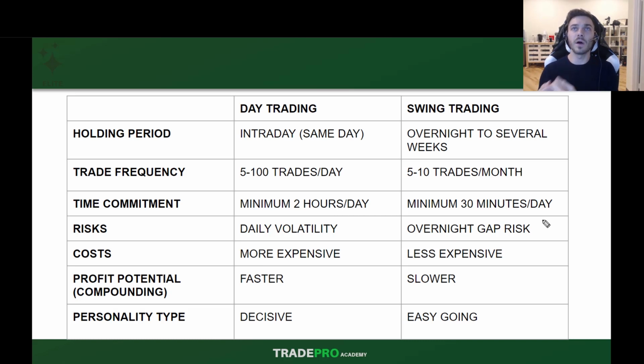So if you were long that stock before the market closed, on the market open, when it gaps down, it doesn't matter where your stop is, up here, because the market's gapped down, you're going to get taken out at that lower price. You're not going to get taken out at your stop loss. So that's one of the risks associated with swing trading stocks and ETFs, that overnight gap risk.